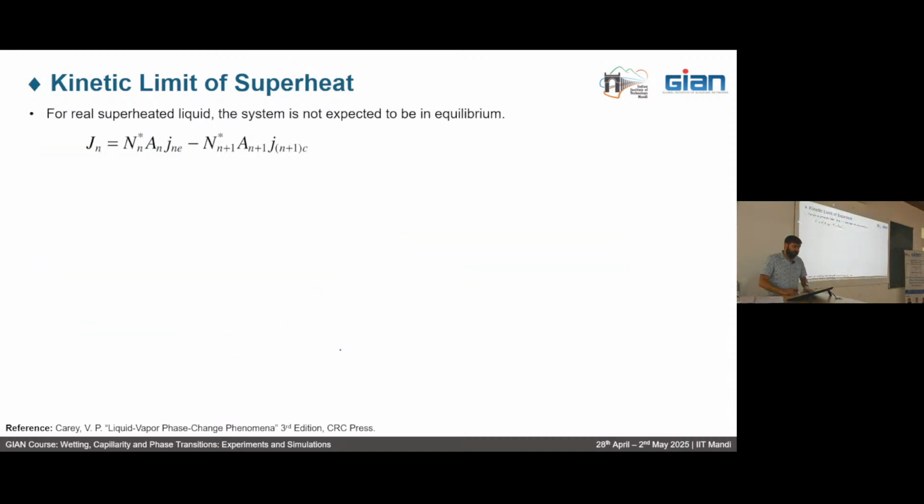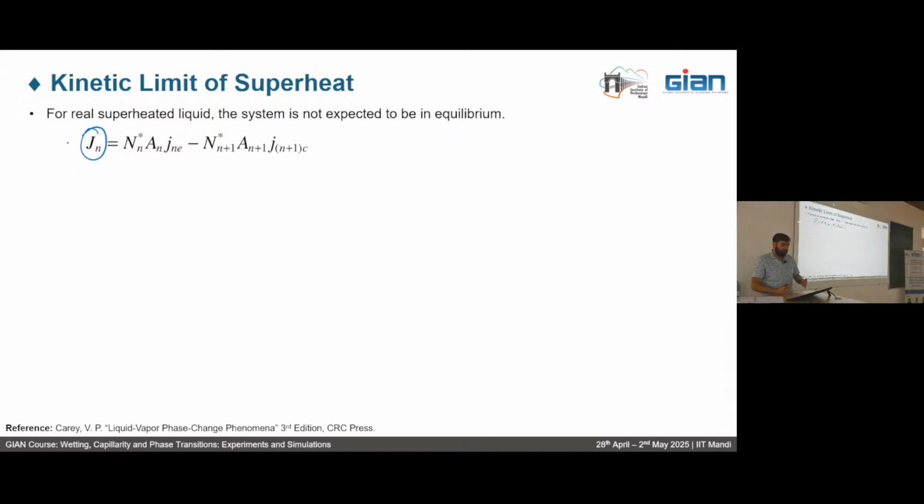Now, for a real superheated liquid, the system cannot be expected to be at equilibrium, because boiling is not an equilibrium process, it is a highly non-equilibrium process. So we cannot expect the system to always be at equilibrium. For that, we define the Gn. Gn is the excess number of molecules for a certain class of population.